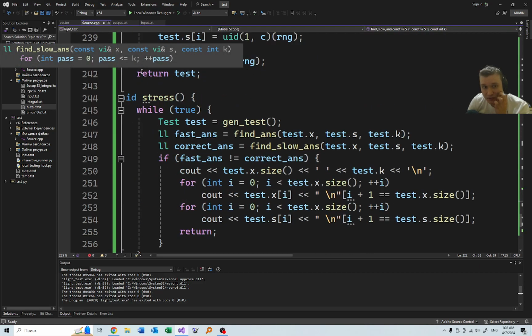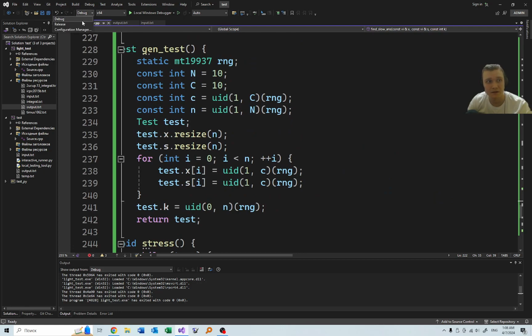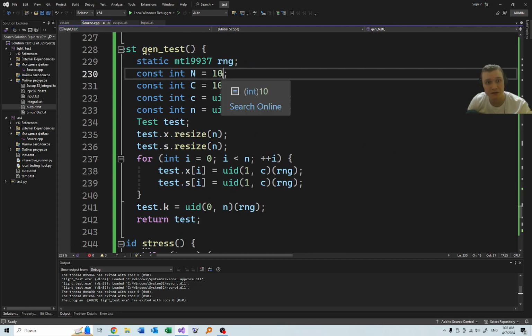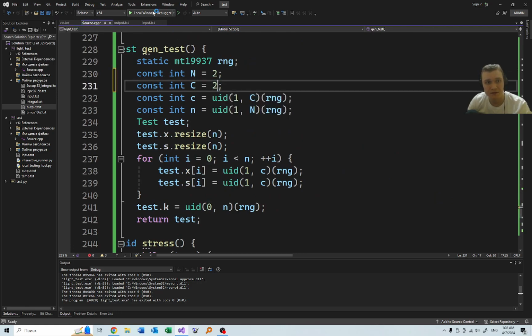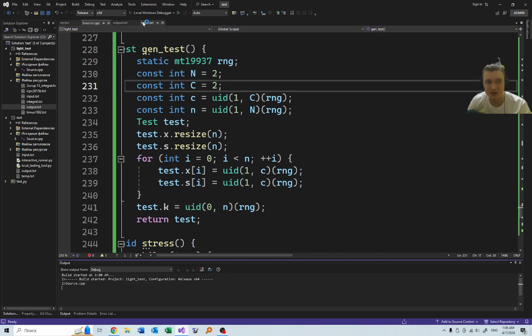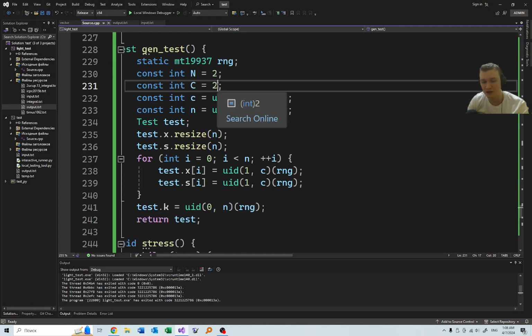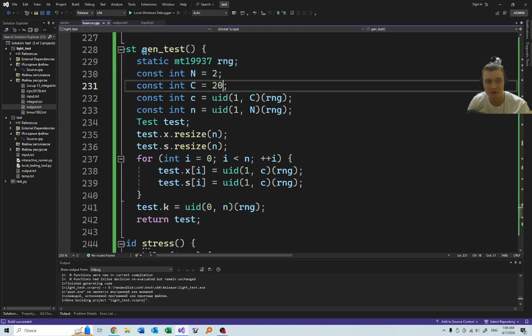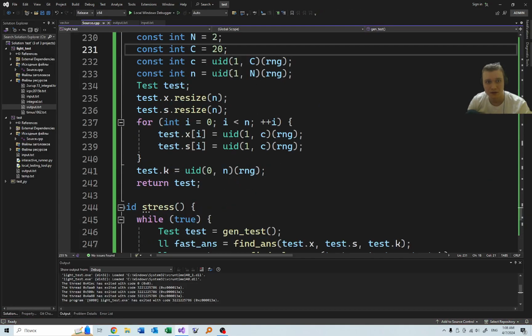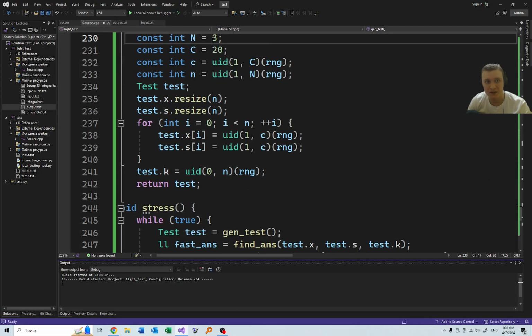But this test is too big, so I'd like to have some small tests. Let's start with the smallest possible, 2, 2. Okay, you see, it cannot find. And even if I put here 20, it cannot find. If I put 3, maybe it finds something.